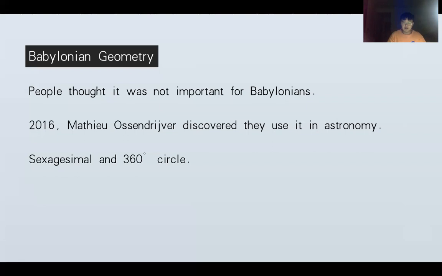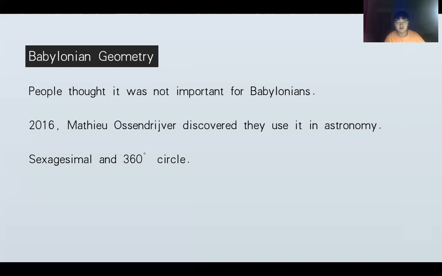And also, from some other research, we can know that Babylonians actually knew a lot about geometry, because they invented the sexagesimal system, and they also divided the circle into 360 degrees, which is used until today.